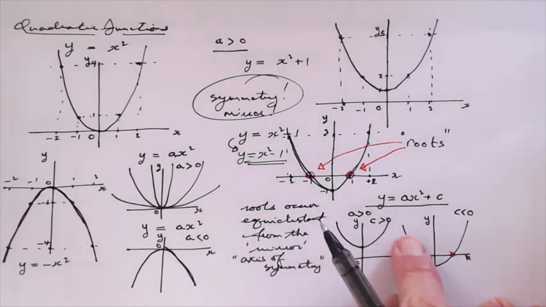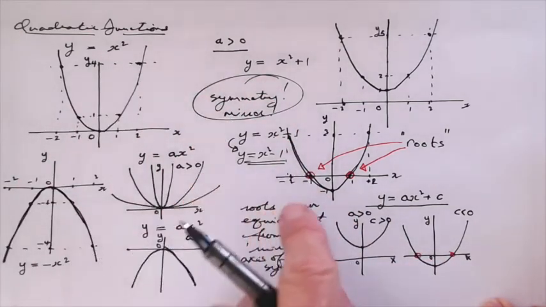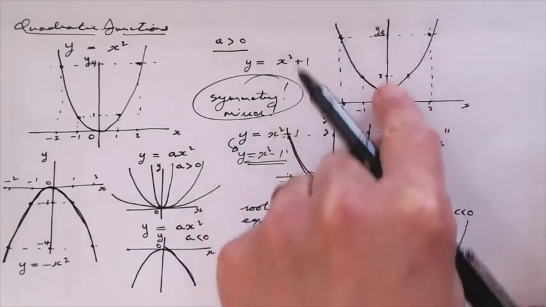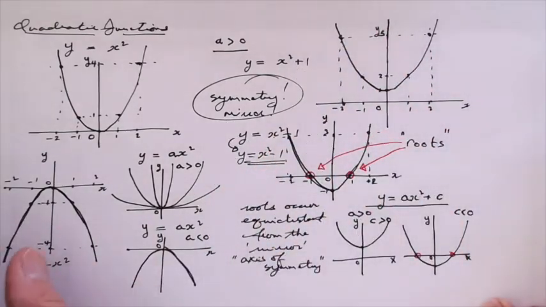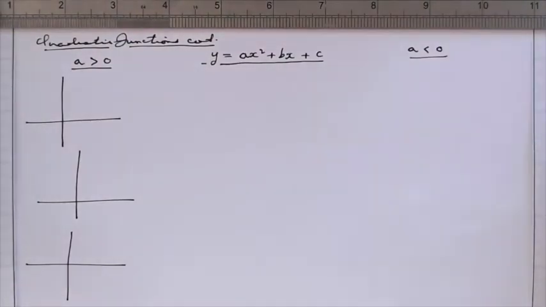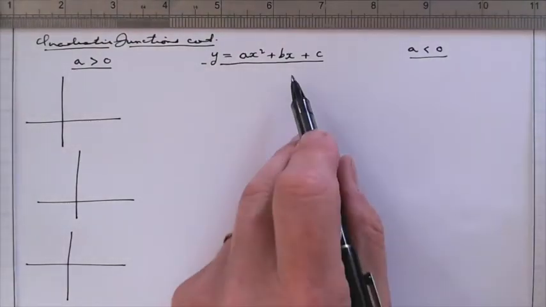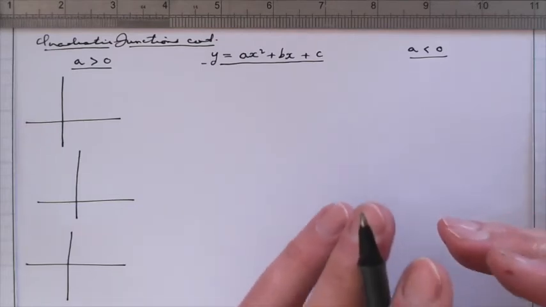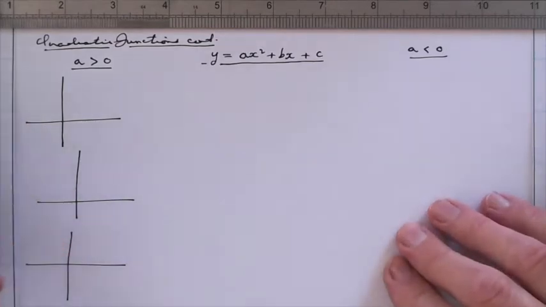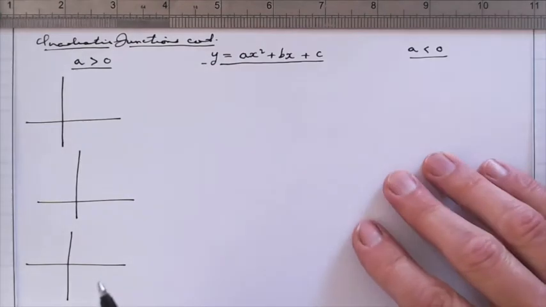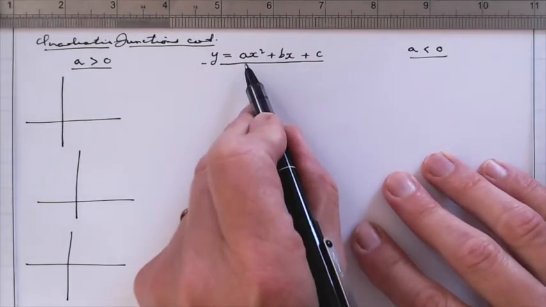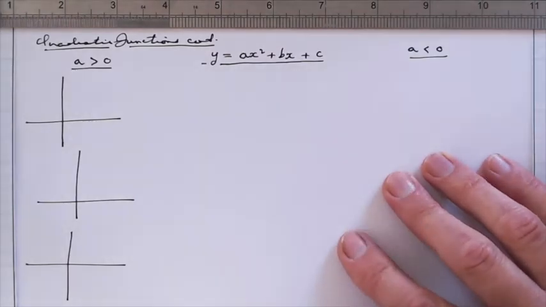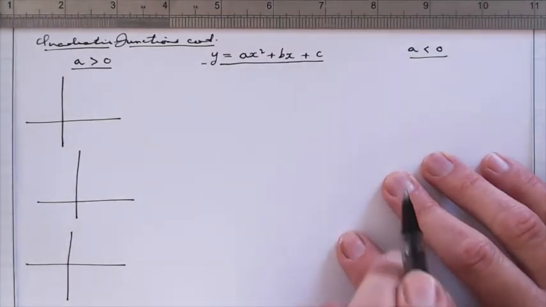And all of the parabolas that we drew in that first tutorial were symmetric about the y-axis. Adding this term bx is not going to change the shape or the properties that we talked about, the symmetries and so on, but it's going to move the parabola around. Precisely where it moves it to depends on the values of a, b and c. But move it around it will.